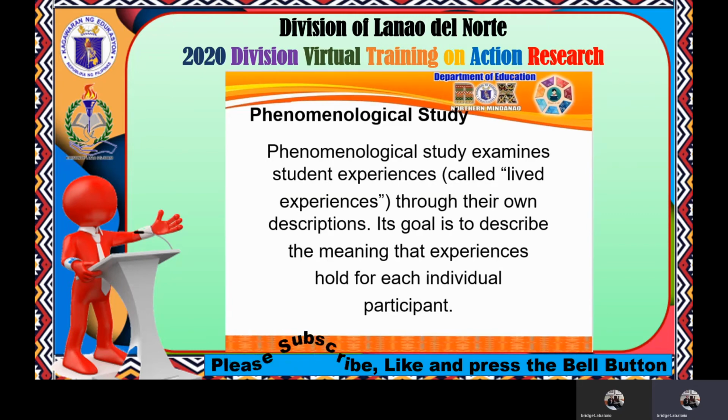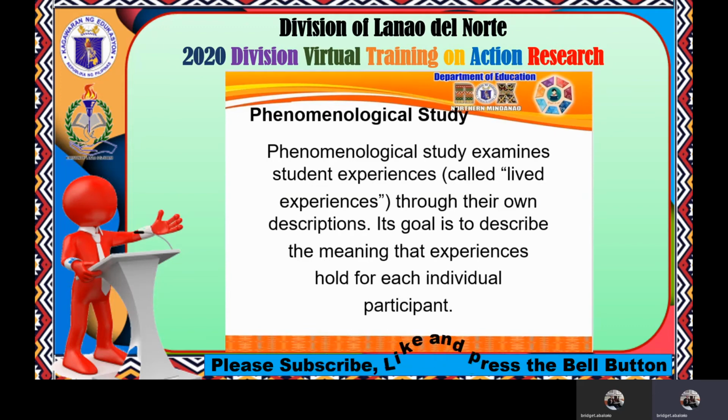As with the two previous types of qualitative study, the phenomenological study may also be used to gain prior knowledge in identifying the action research topic and development, assessing the situation in stage 1 of the action research framework.